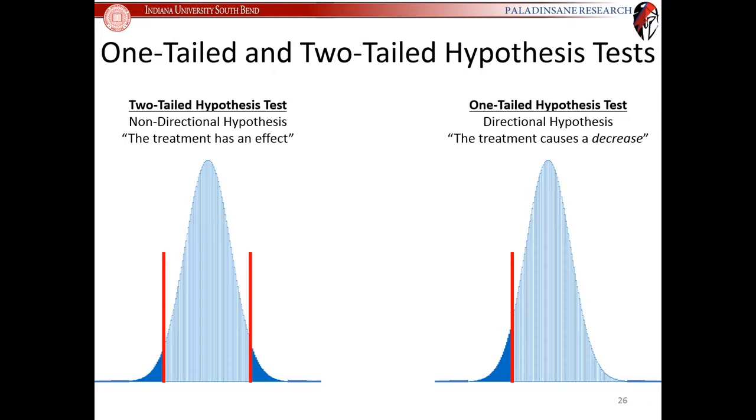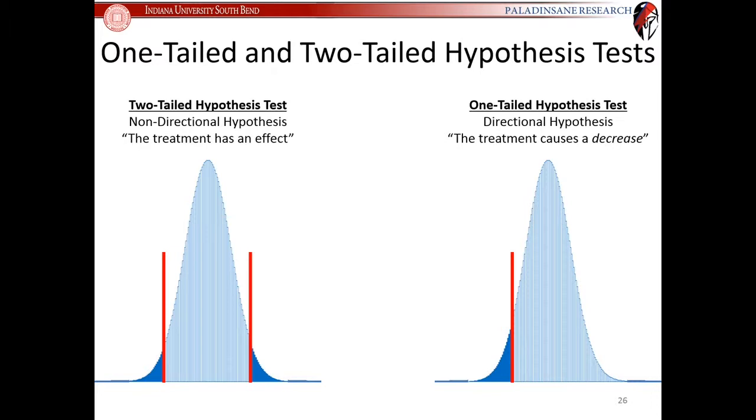And the key thing here in determining your lines in the sand is that your tails always equal your alpha level. So you have to make your tails big enough so that they always equal your alpha level. And that's why it's important to know whether you have two tails or whether you have one tail.